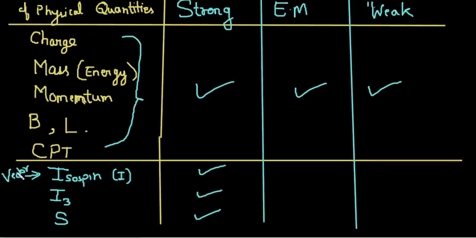Whenever we find isospin, we need to do a vector addition. You must know that j1 plus j2 ranges from j1 minus j2 to j1 plus j2. So this was a vector addition, and in a similar fashion we have to do it for isospin.